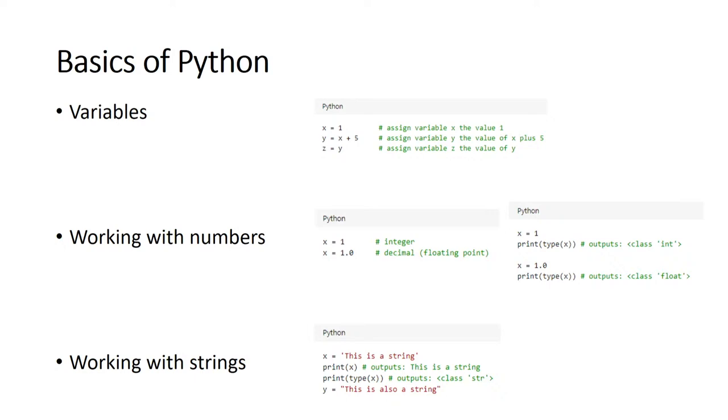Generally there are certain values in a program, like temperature or some x or y, some value. When you associate a name to a value, that is called a variable. You may need to manipulate that value later in your program. Like here you can see we have a value of 1.